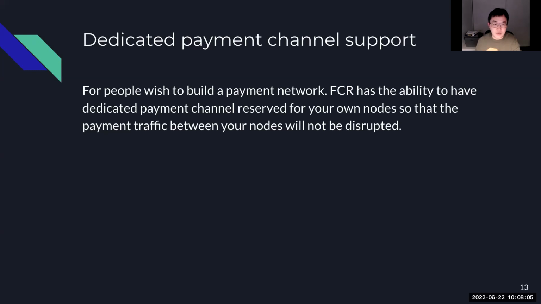This is more for people who wish to build a payment network. So FCR has the ability to have one or more dedicated payment channels reserved for your own nodes, so the payment traffic between your nodes will not be disrupted. In other words, FCR can process internal payment requests and external payment requests separately.